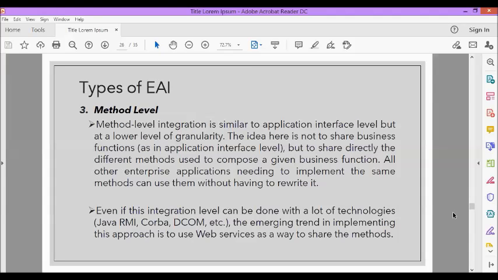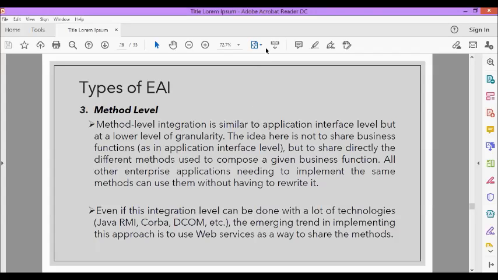The third type of EAI is the method level. This integration is similar to application interface level, but at a lower level of granularity. The idea here is not to share business functions, but to directly share the different methods used to compose a given business function.